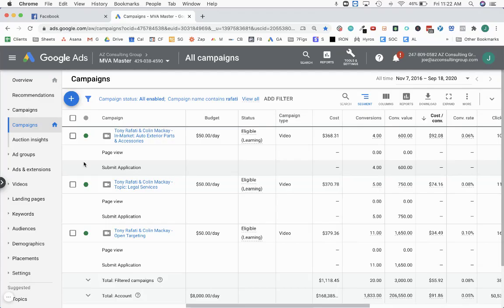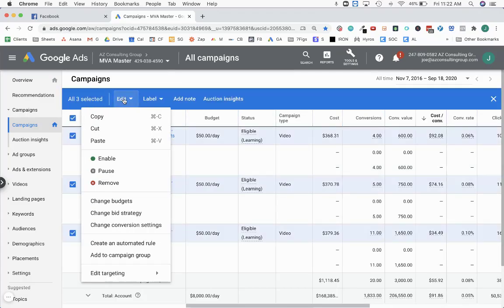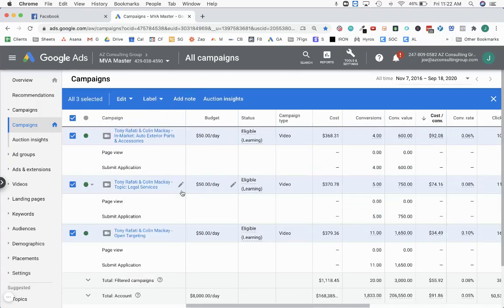So Danielle, this guy may be offboarded. I'm pretty sure he is. So I'm just going to pause his campaigns. But obviously, if he was still a client, you would keep these two running, these two under KPI. And then I would probably pause this one.